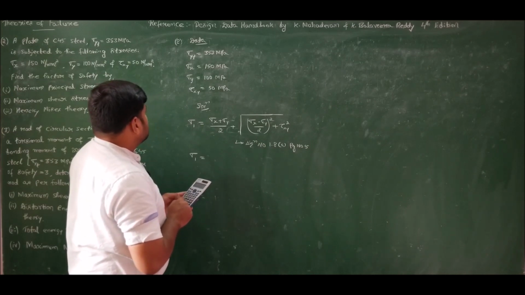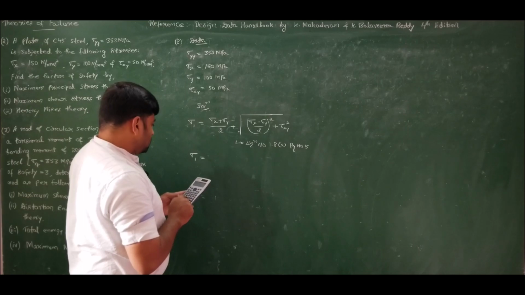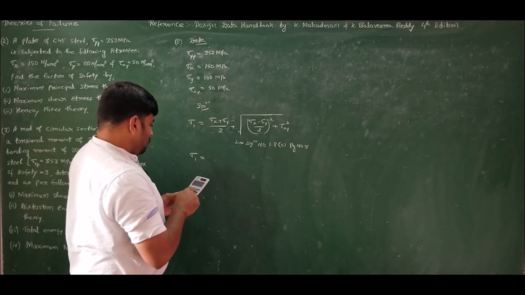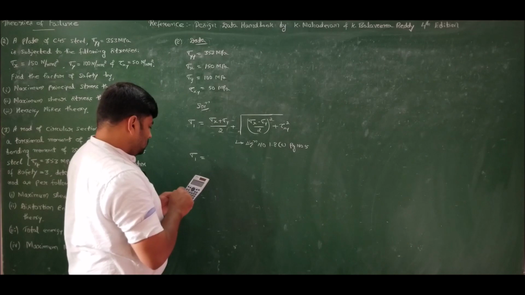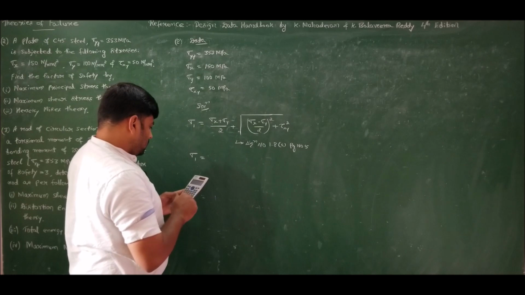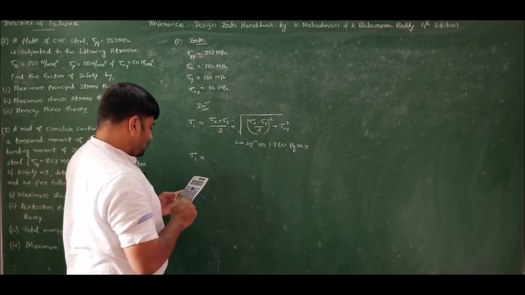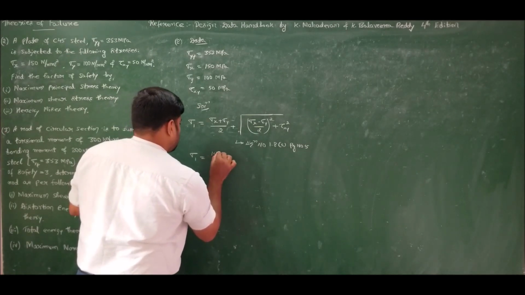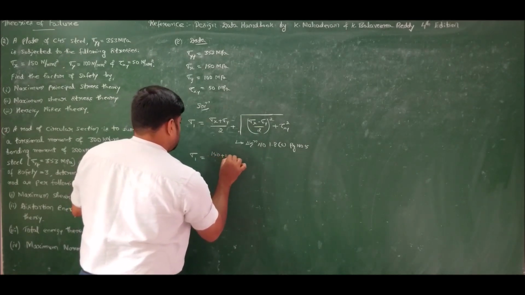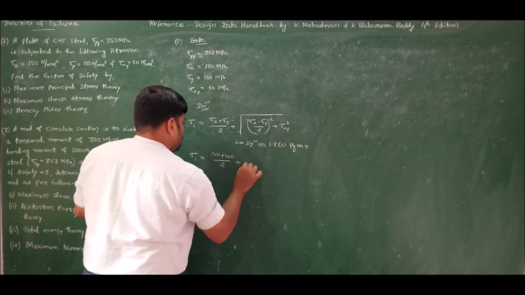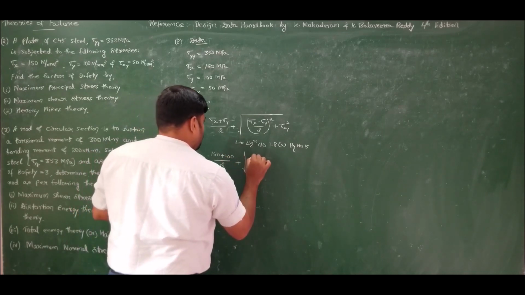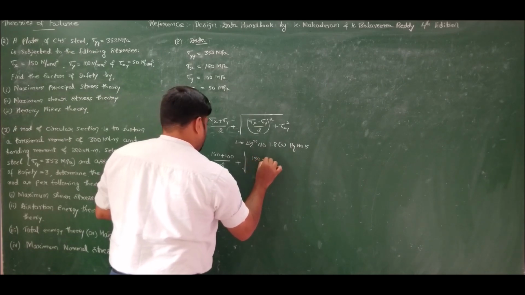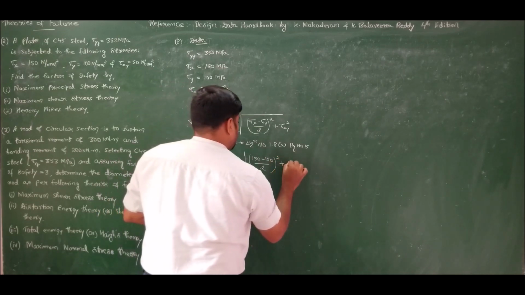Sigma max is 150 plus 100 by 2 plus root of 150 minus 100 by 2 whole square plus tau xy square, which is 50 square.